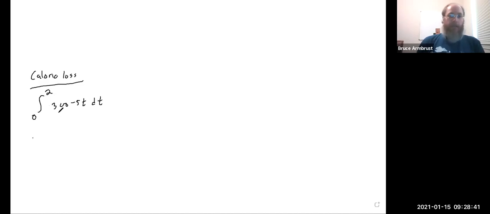All right, so let's anti-differentiate. The 300 gives us 300t. Gotta love anti-differentiating constants. The minus 5t is going to give us a minus 5t squared over 2. We increase the exponent by 1 and divide by that value, and the 5 was a constant multiple. All right, so now we need to evaluate those at 0 and 2.